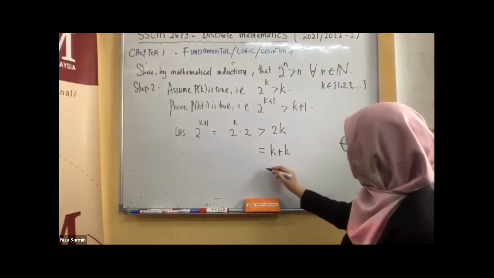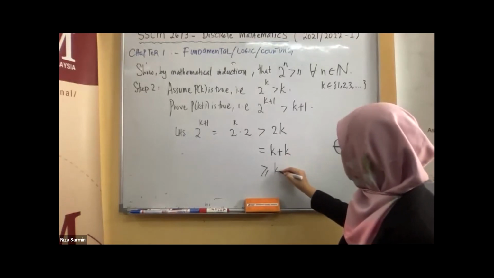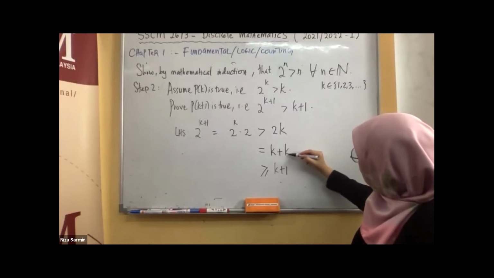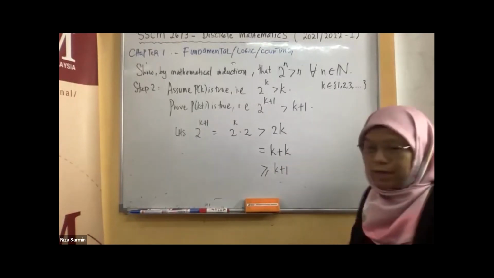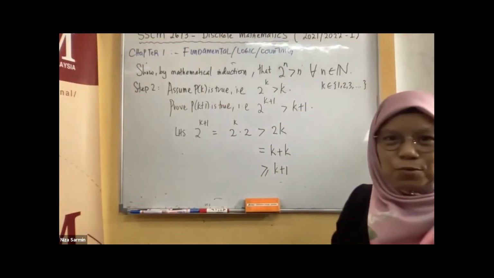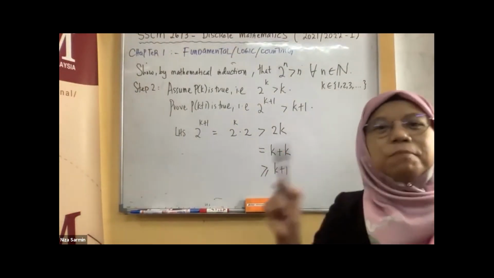So this one is this k because I want the k. This k is bigger or equal to 1. Now I got this, right? When you see it's okay, that has equal, but this is already bigger than.